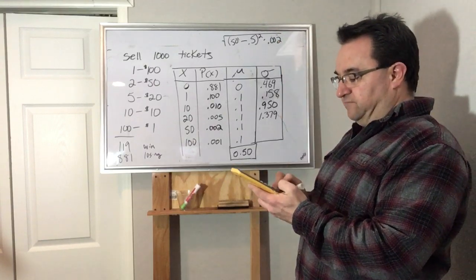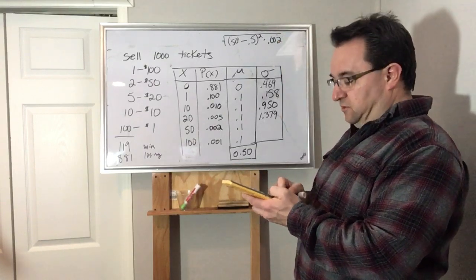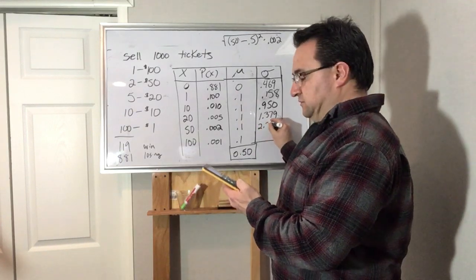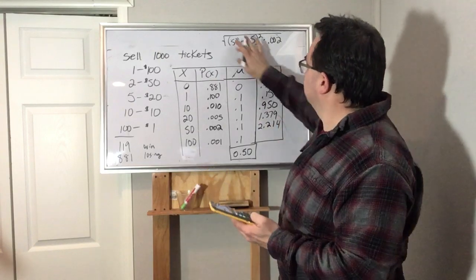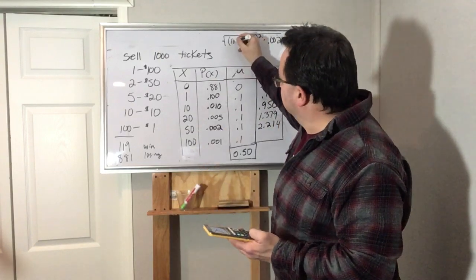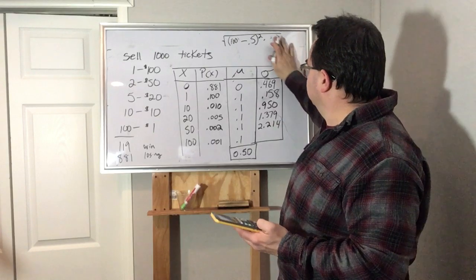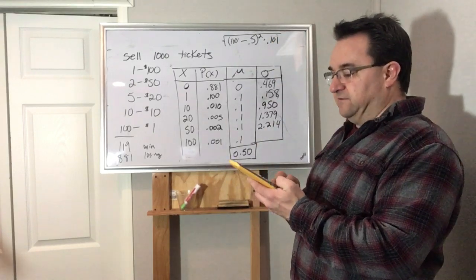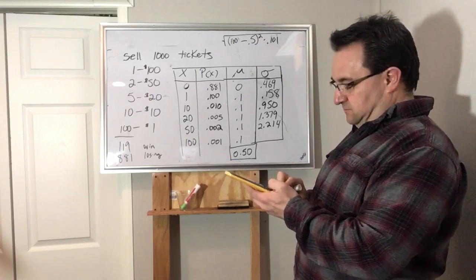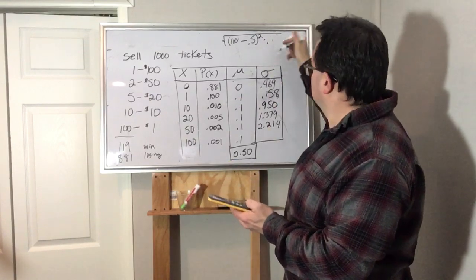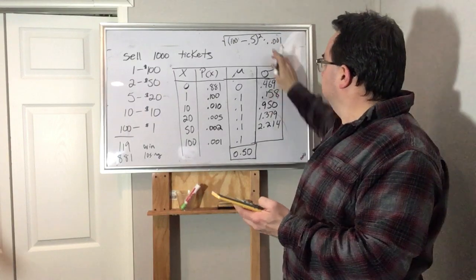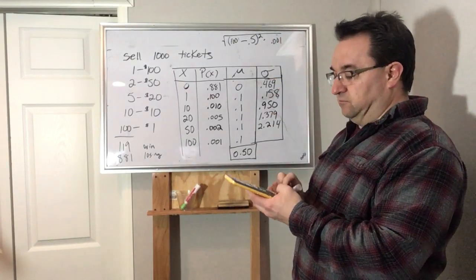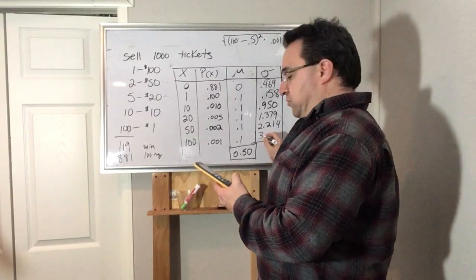That's 49.5 squared times 0.002 to the 0.5. 2.214. And the last one is 100 minus 0.5 times its probability. 99.5 squared times 0.001, square root it. 3.146.